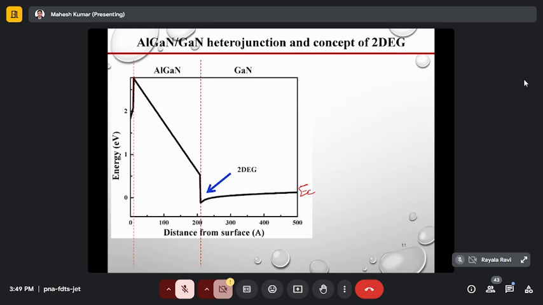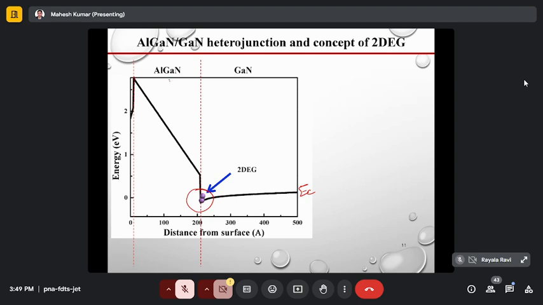Now at room temperature, we have a few electrons here. Because of this tilt, these electrons will stay in the lowest energy state of the conduction band.